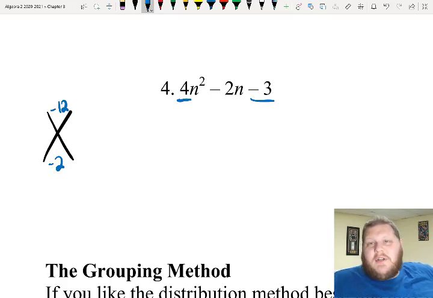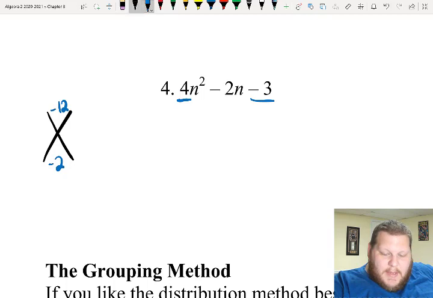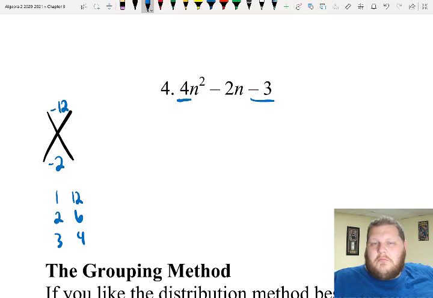So now I'm trying to figure out what 2 numbers multiply together to give me negative 12, but add up to negative 2. So I'm going to go ahead and just write down my combination of different factors to get negative 12. 1 times 12, 2 times 6, and 3 times 4 are the only combinations. Right? So again, it's negative, so one's going to be positive, one's going to be negative.